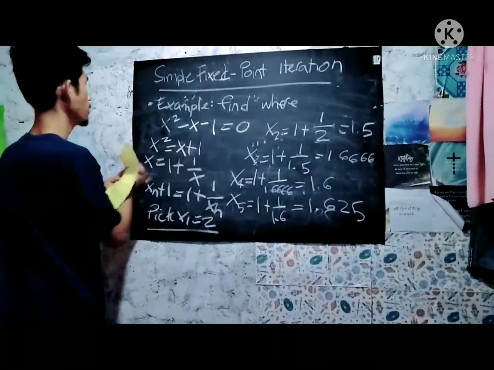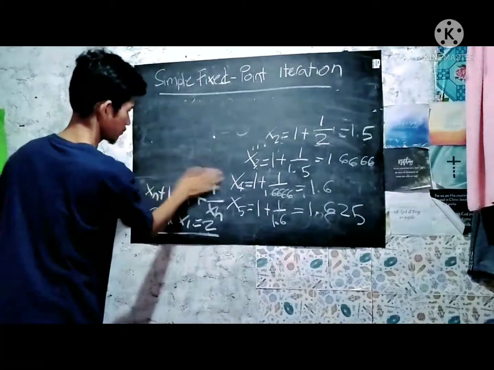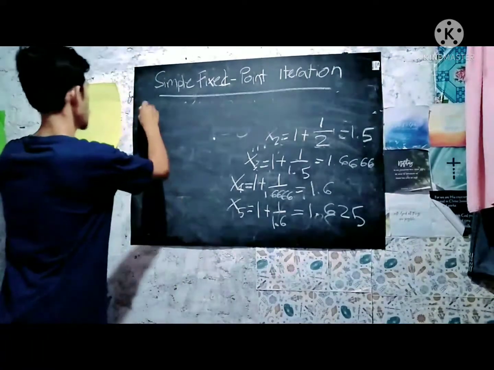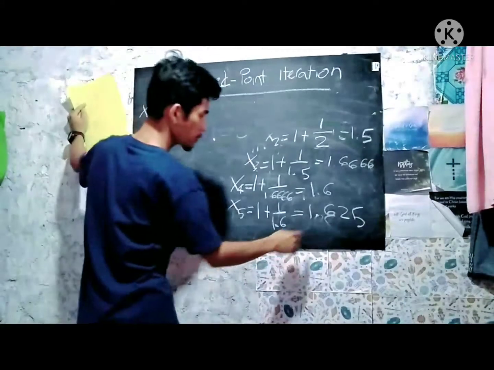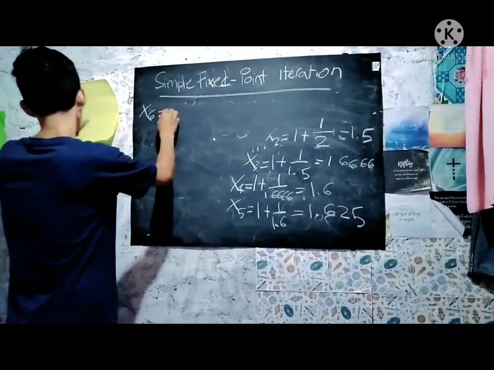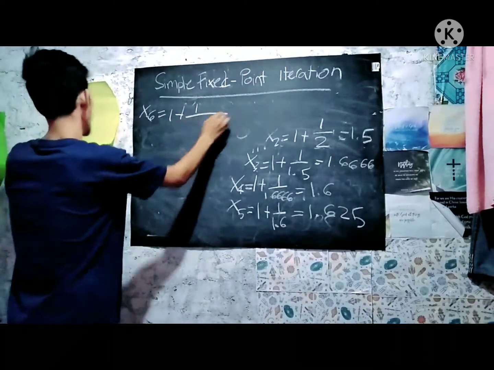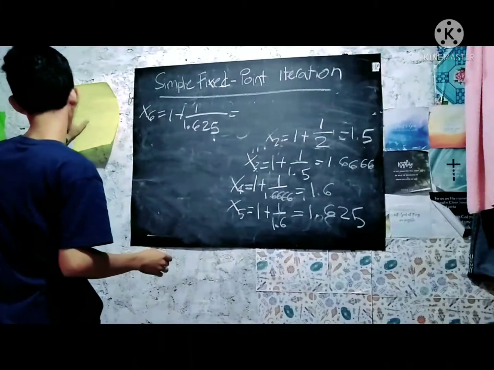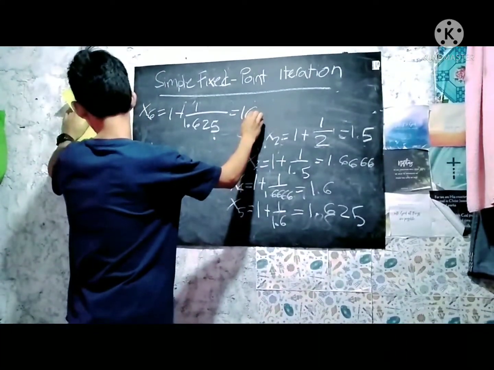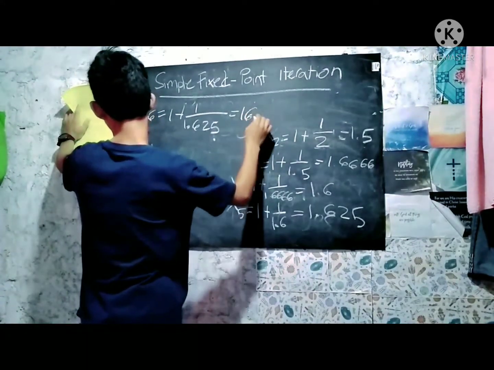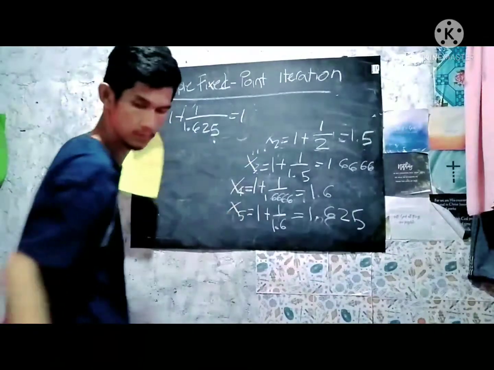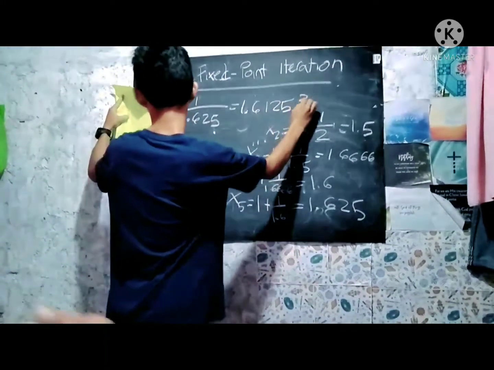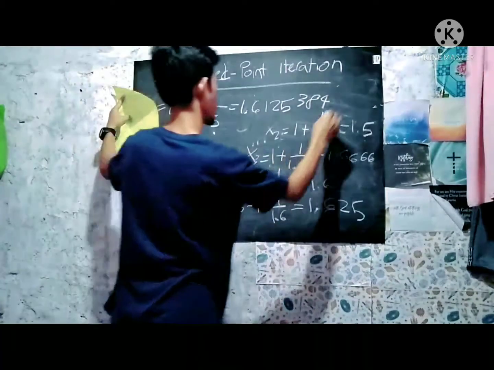So let's erase this first. Let's continue. To get x sub 6, let us plug this in. x sub 6 is equal to 1 plus 1 over 1.625, which is equal to 1.615384.